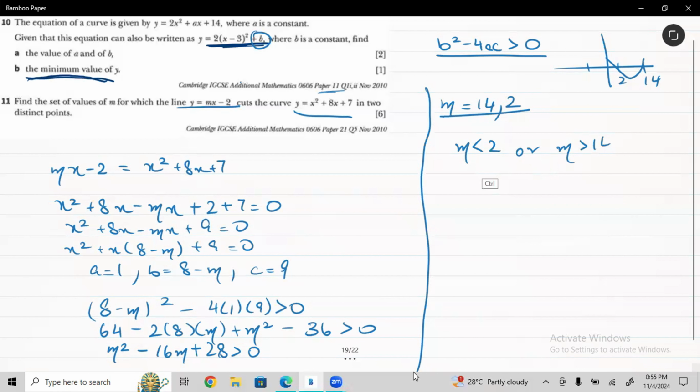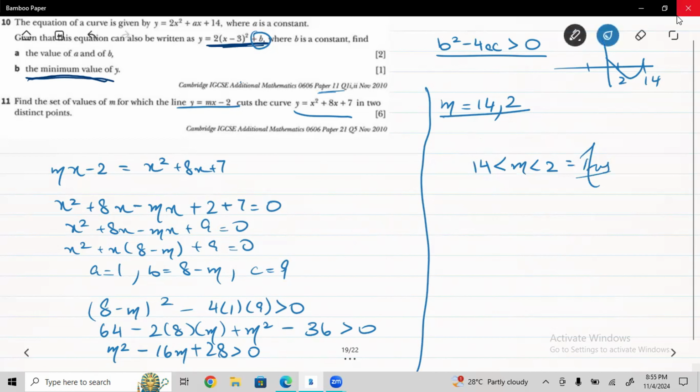And that's it. This is the answer for question number 11. Quite basic. Again, it's more about your concept than about your knowledge.